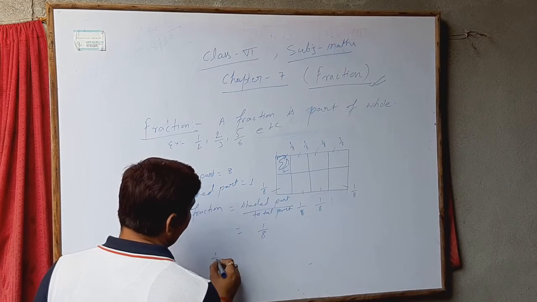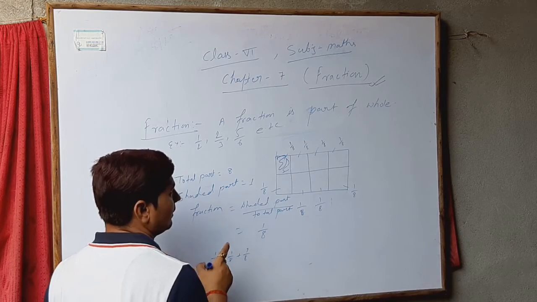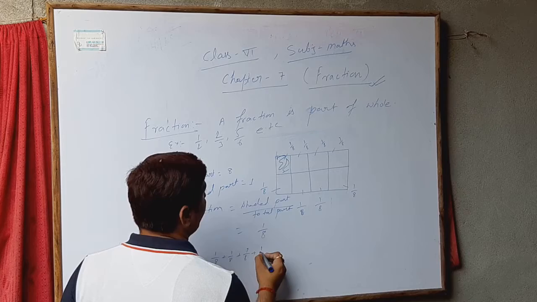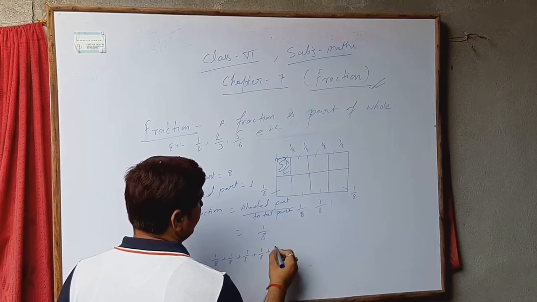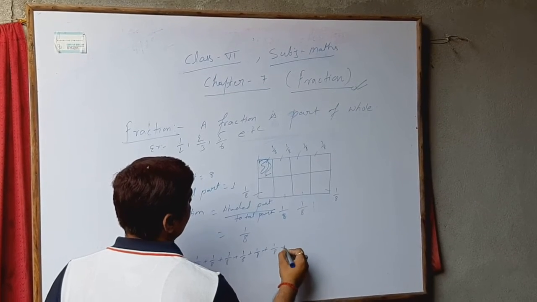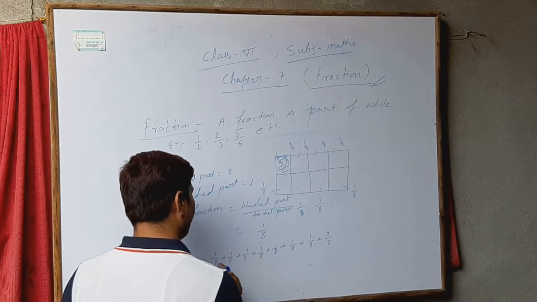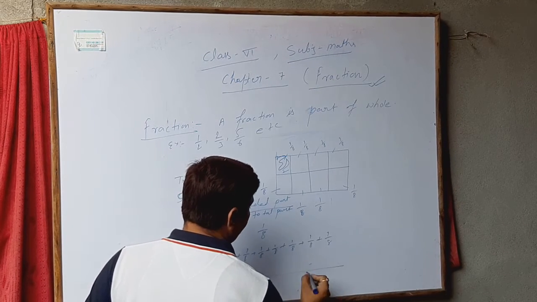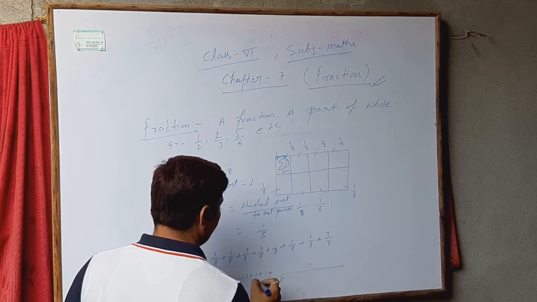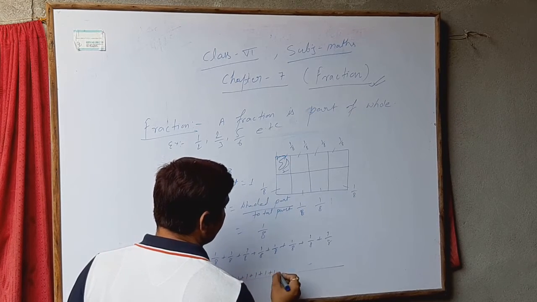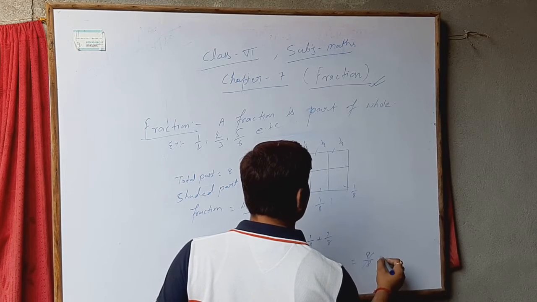Now you see 1 by 8 plus 1 by 8 plus 1 by 8. Now I am going to check it. Is this one figure or not? 1 by 8 how? 1, 2, 3, 4, 5, 6, 7, 8. When you find the sum of these, 1 plus 1 plus 1, 2, 3, 4, 5, 6, 7, 8, then you will get 8 by 8 is equal to 1.